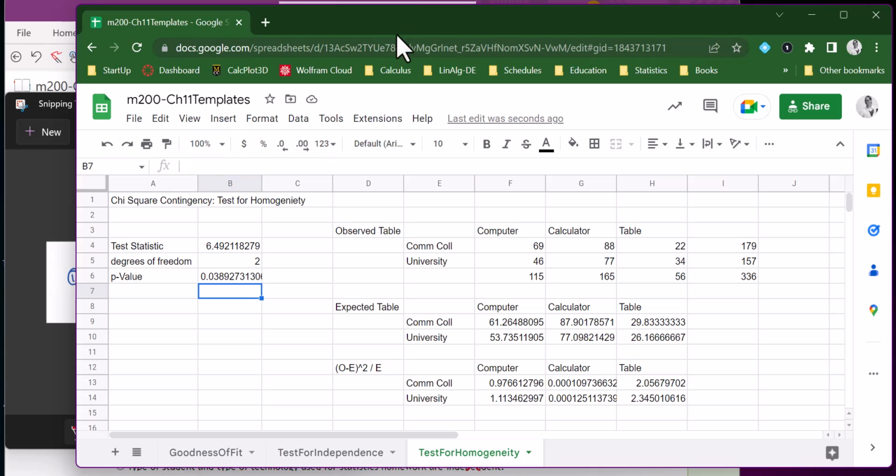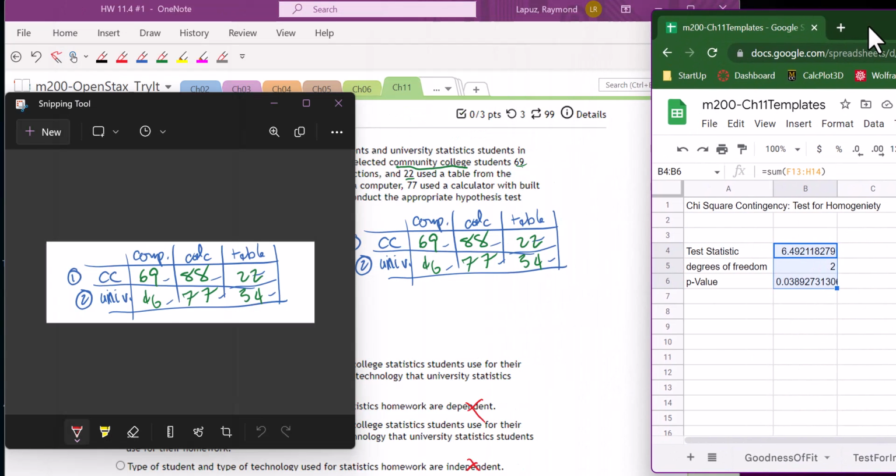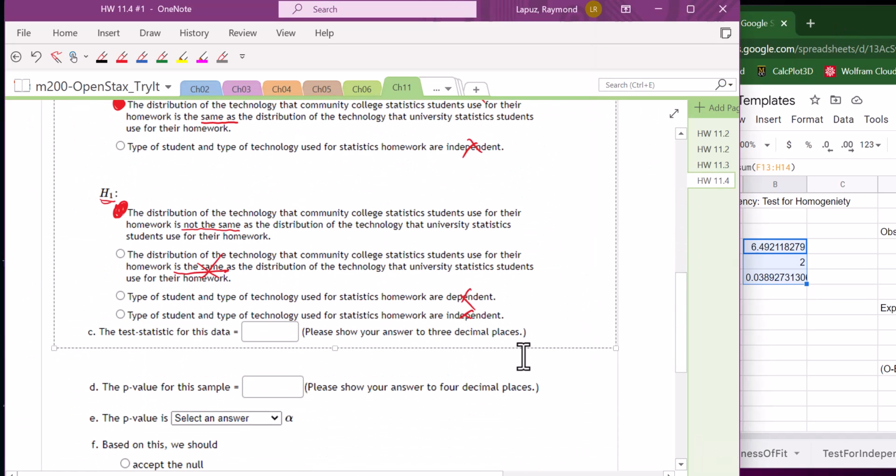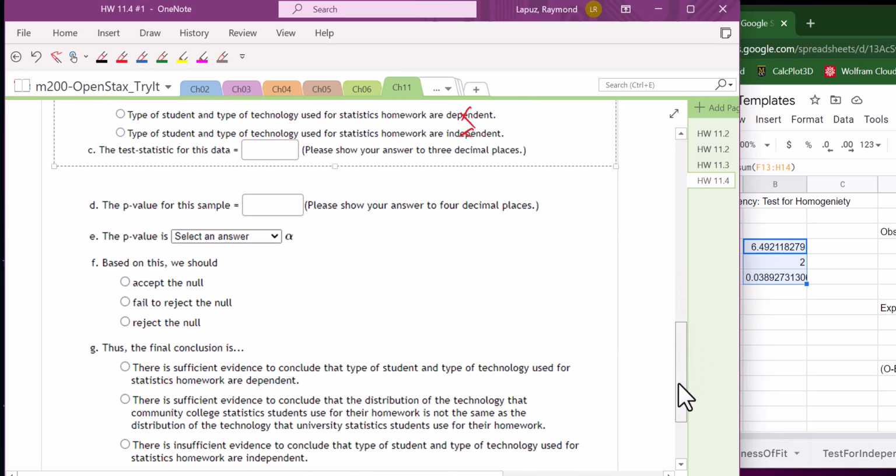Okay, so now that we have all that information, or really these are the only pieces of information we need, just the test statistic and the p-value, let's put this off to the side and come back to our paper, and let's put in our test statistic. So our test statistic is, again, a chi-square test statistic.